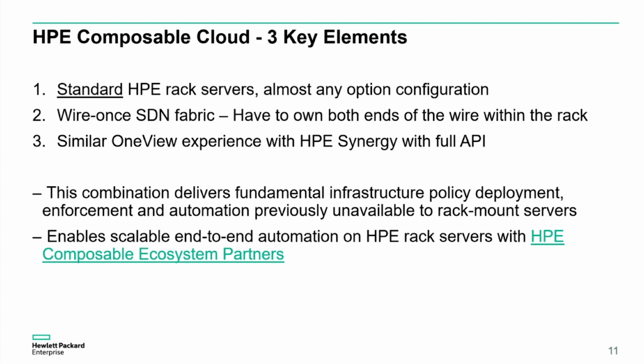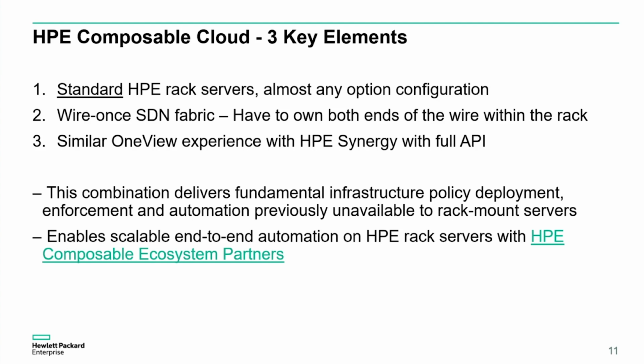This is a composable rack infrastructure to improve the overall efficiency of your environment. It's then combined with the Wire1 software-defined networking fabric that is now called the HPE Composable Fabric that came in as part of this acquisition. Fundamentally, this is the ability to own both ends of the networking wire within the rack.